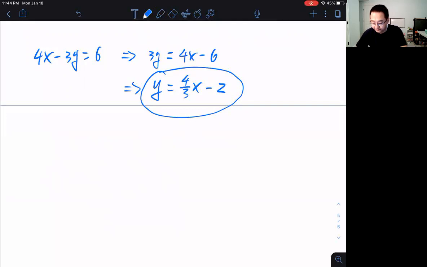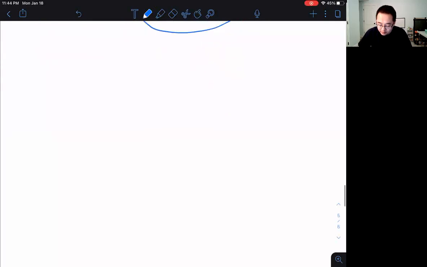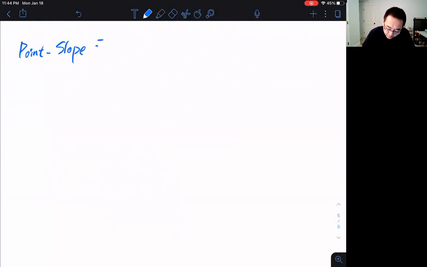Now the last form that a linear function can take on is called the point-slope form of a line. That is when you have an equation for the line passing through a specific point and you know the slope. So the point is not just your y-intercept, but some other point with x1 and y1.